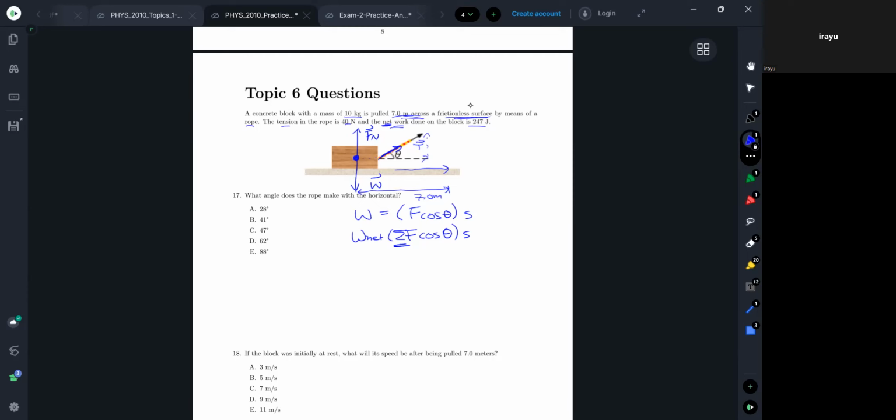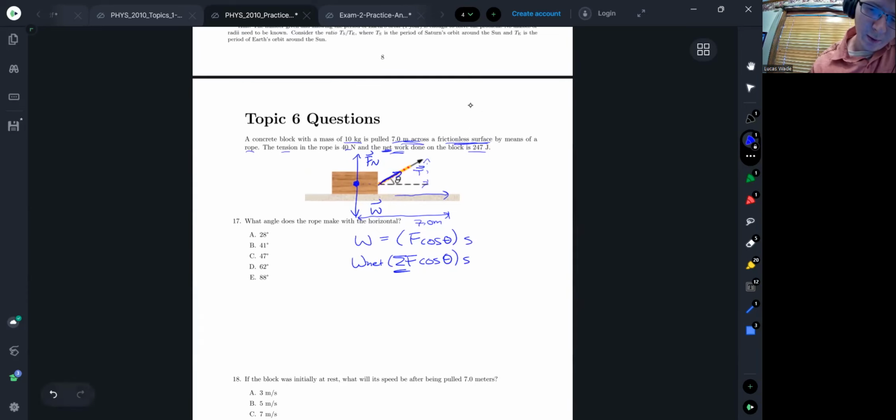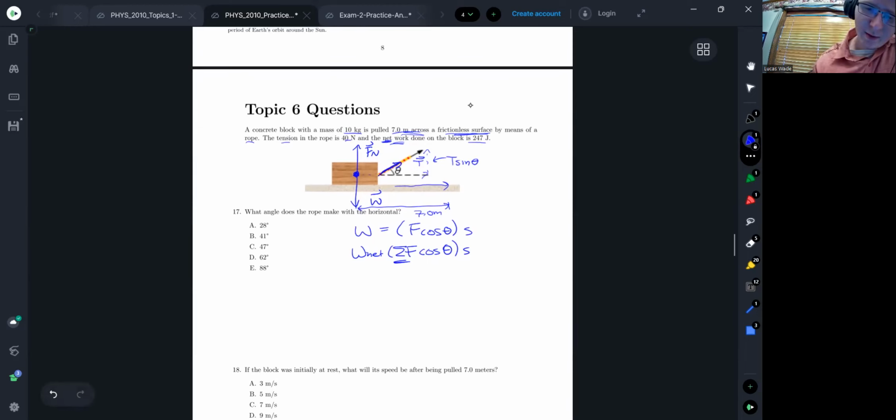Well, that's true, but what I was talking about here, do you see that this component is T sine theta? So really what's happening in the y direction is we've got Fn plus T sine theta minus W equal to 0. And so altogether those do. I just wanted to emphasize that it's not in this case that the normal force and the weight balance out.